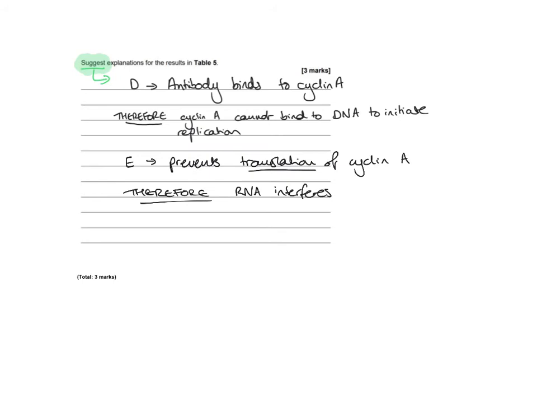So I can say RNA interferes with the mRNA or with the tRNA, or maybe it interferes with the ribosomes, or maybe it interferes with that polypeptide formation. So we don't know. The actual answer is beyond A level, and actually that RNA is probably interfering with the mRNA. But the point is to make the suggestion based on what you know about translation, which is that translation involves these bits of mechanism: mRNA, tRNA, ribosomes, and polypeptide.